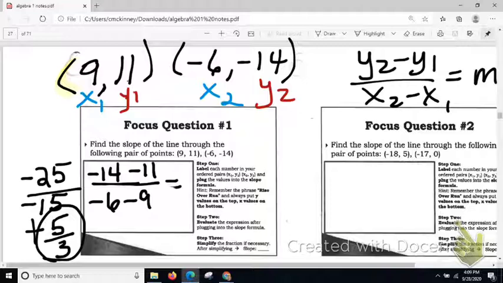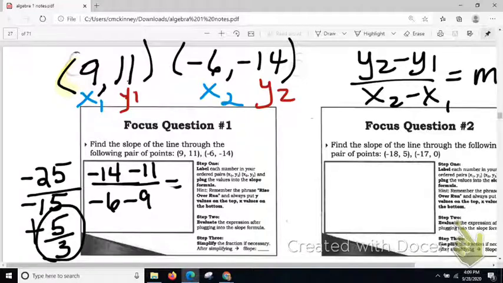But once you call it first or second, the x and the y have to be the same. So if I take the negative 14 first on top, then I have to take negative 6 first on bottom because he's his partner. So learn from my mistakes. I'd love to say that I made that mistake on purpose, but nope, I didn't. That wasn't planned.